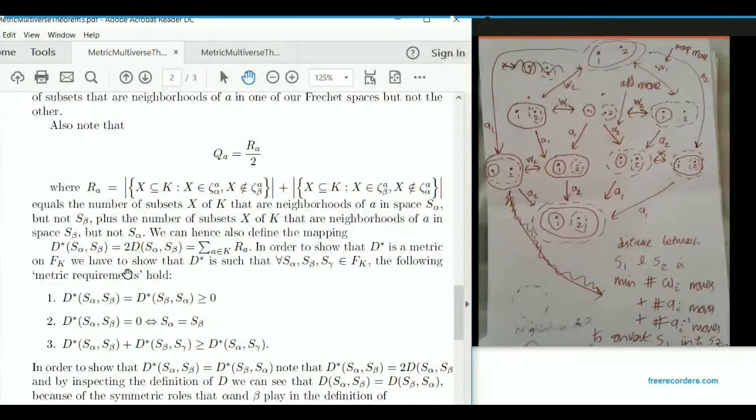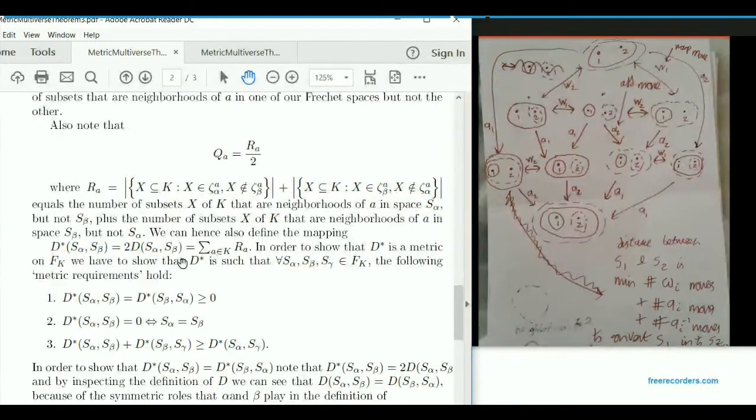The second metric requirement is that this thing is 0 precisely when our sets are equal, which we can sort of see, because when our sets are equal, we're going to have this condition that x is going to belong to zeta a if and only if x belongs to zeta b.